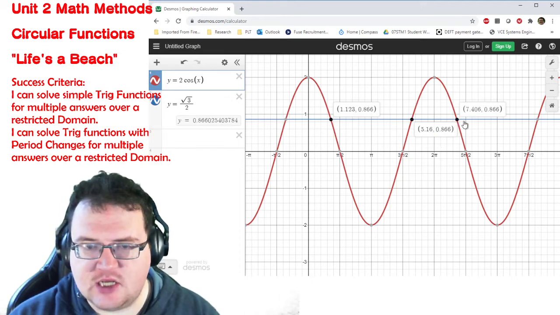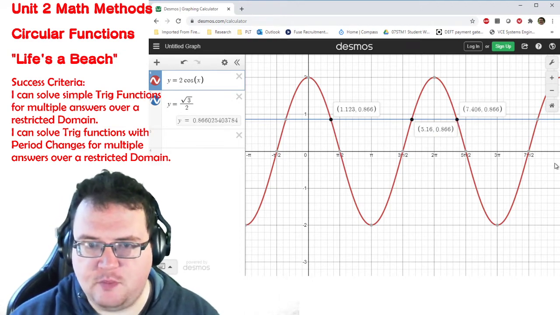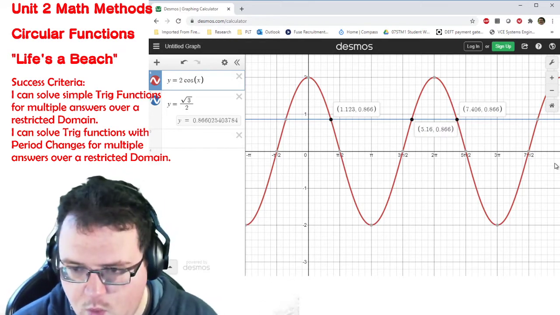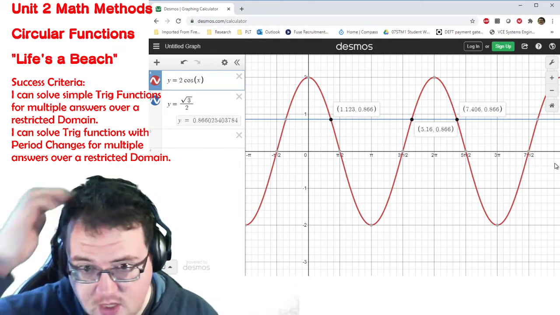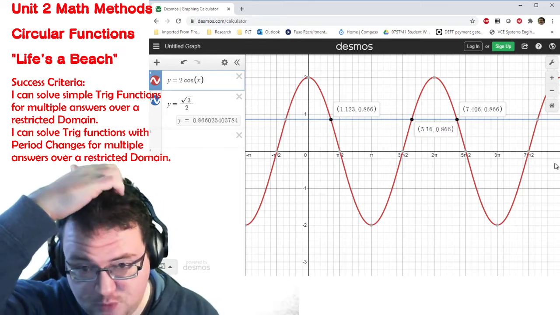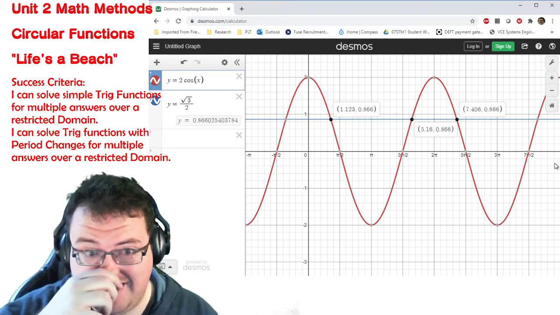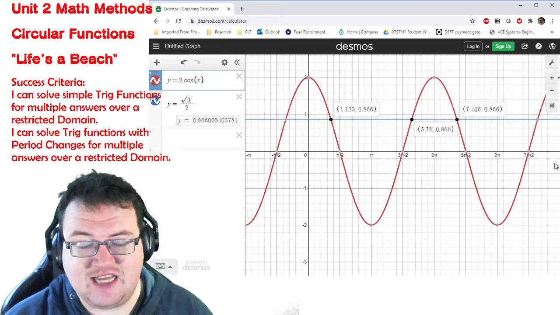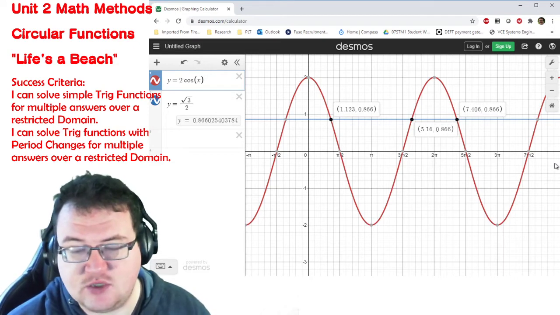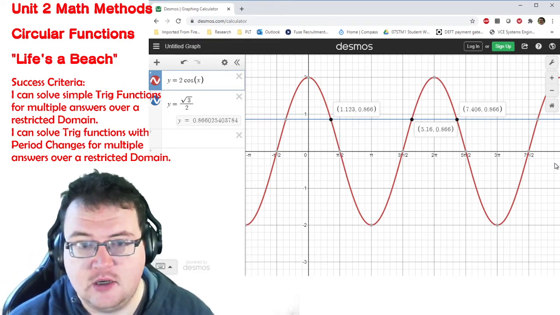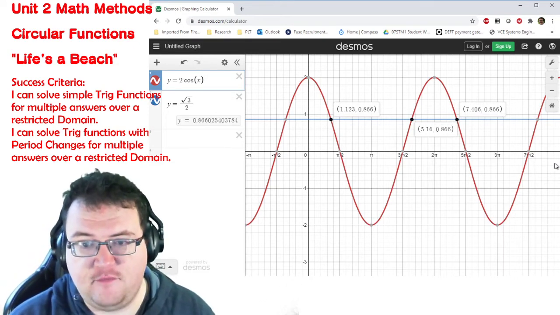And this next one is going to be 2 pi plus 1.123. Now, 2 pi is approximately 6.28. So if you were to actually take 6.28 and subtract 1.12 from it, hey presto, you've got your 5.16 again.